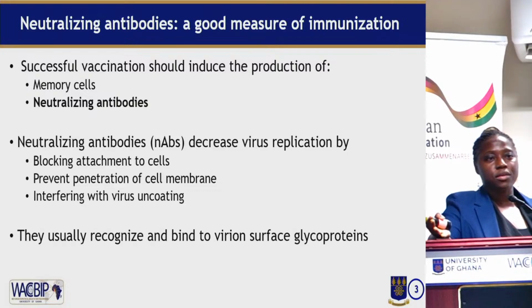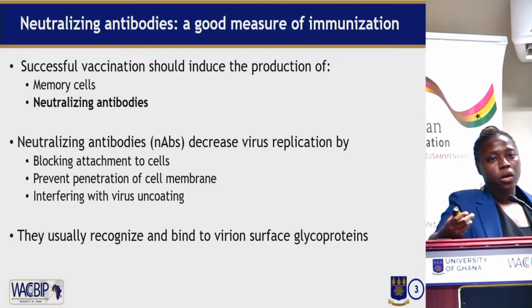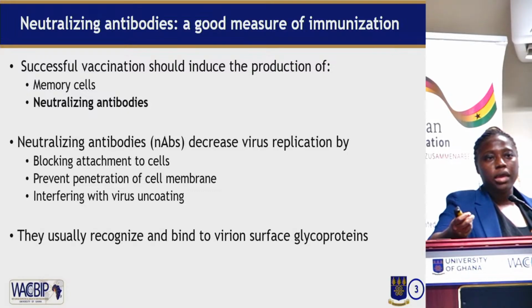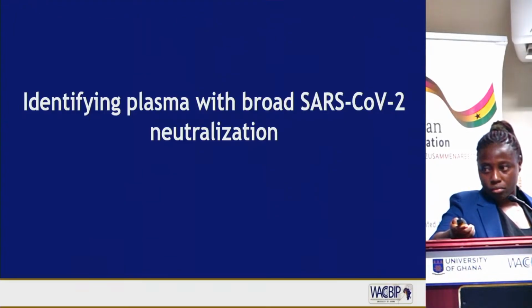And in other instances, the neutralizing antibodies interfere with the uncoating of the virus for replication to occur. Now, in all these things, neutralizing antibodies always recognize the epitopes of glycoproteins or surface proteins of the virus to be able to interact and then inhibit their action.